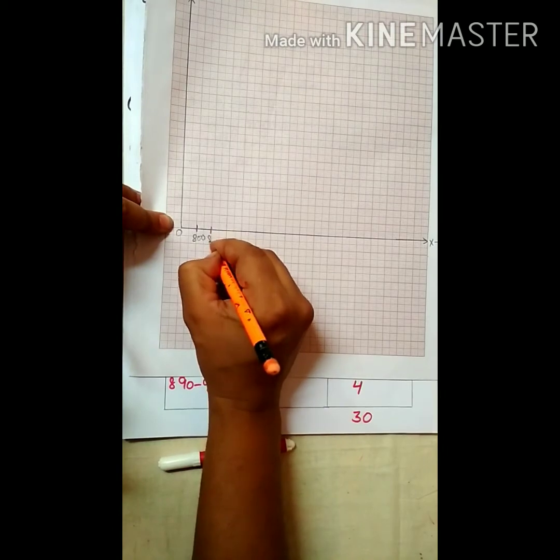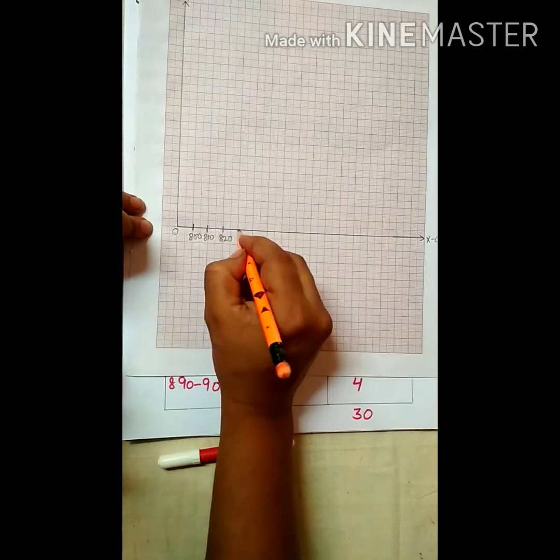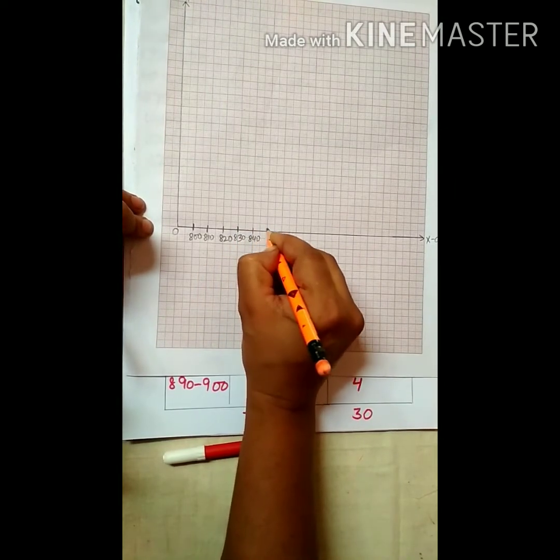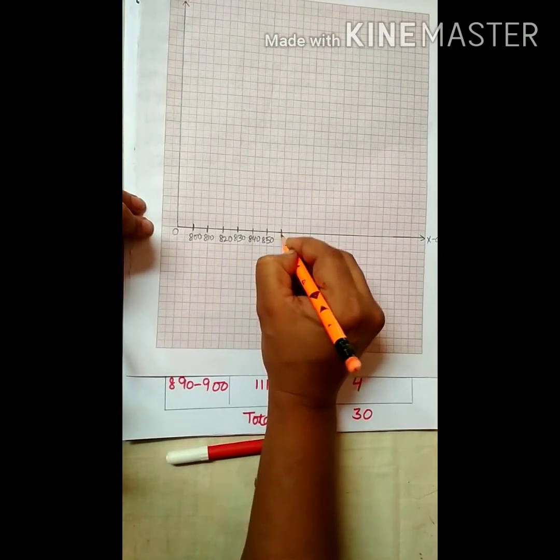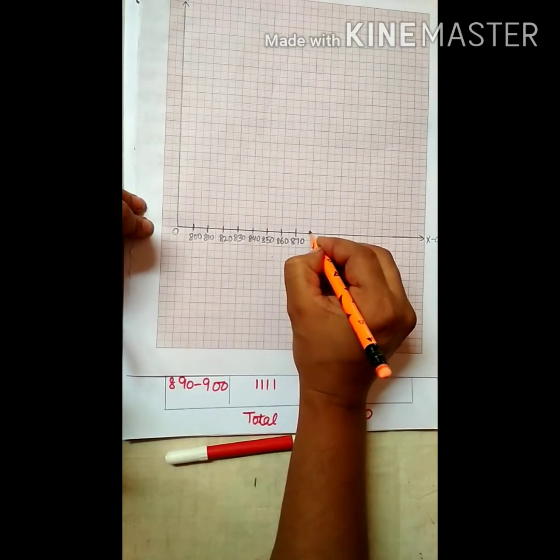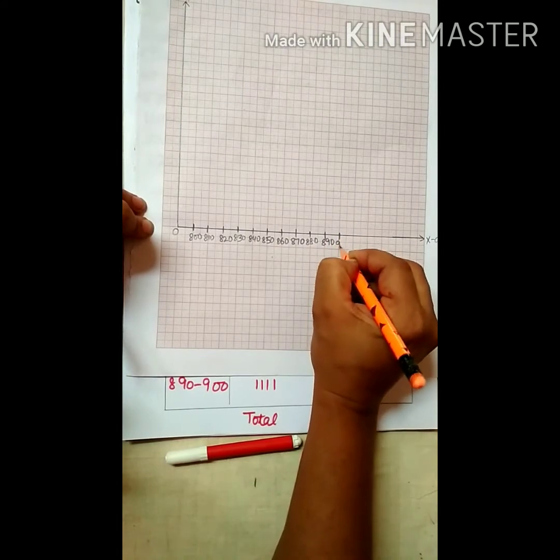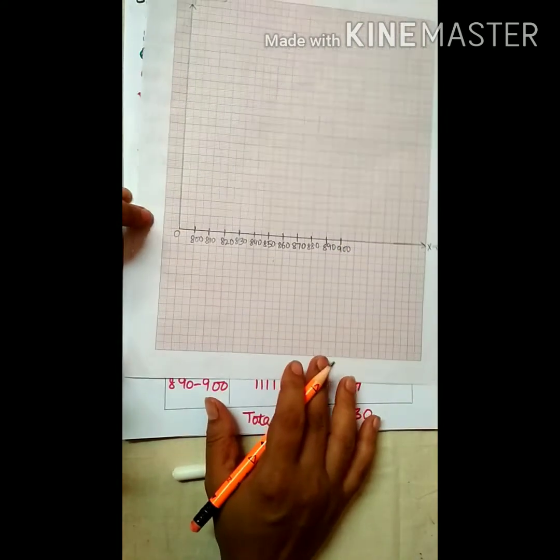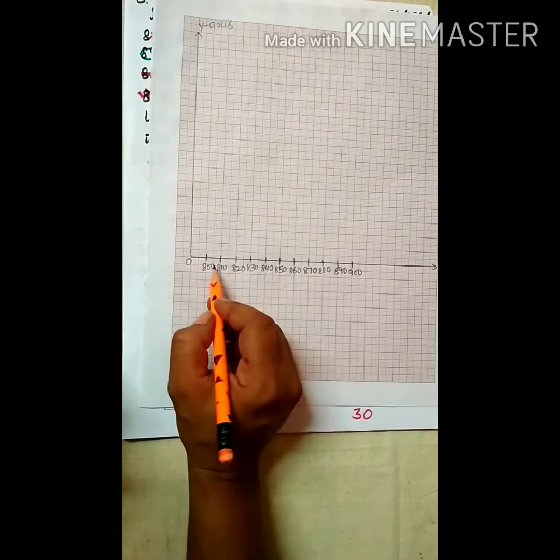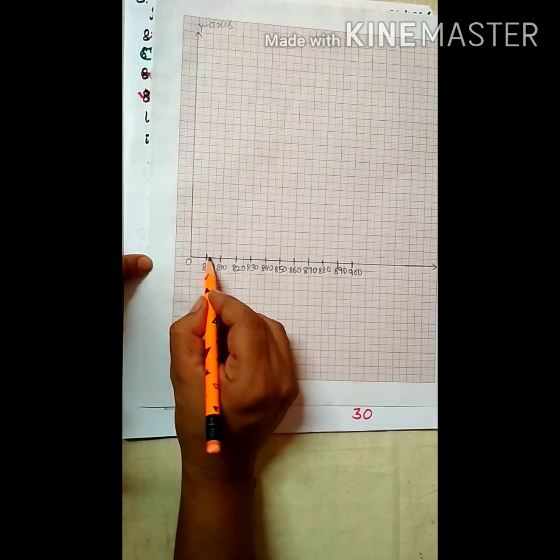This will be 810, 820, in this way I will write down the values 830, 840, 850, 860, 870, 880, 890 and 900. Now students, you can see from here the values as here I have the gap of 10, but from 0 it is the gap of 800.